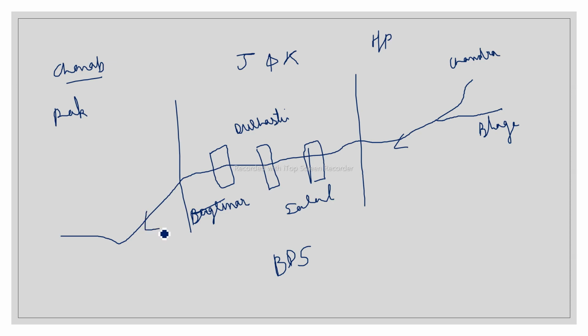Then it is going to go into Pakistan, where it will join the mainstream Indus. Okay, so this is how it is happening. Okay, and Chenab is one of the largest tributaries of Indus. Okay, and the world's highest railway bridge is situated on this river.